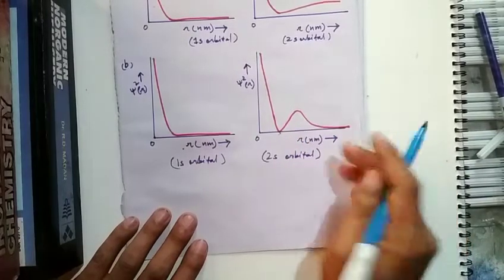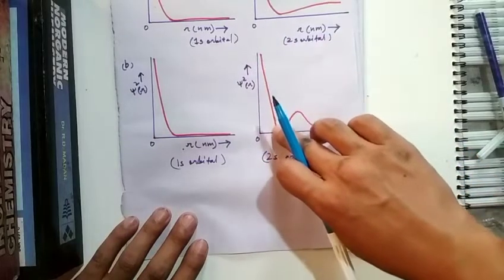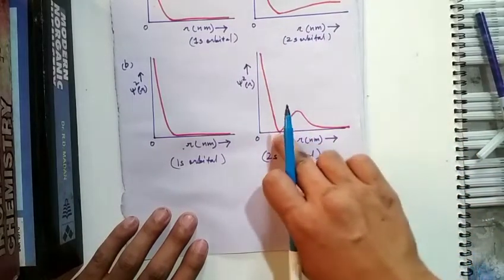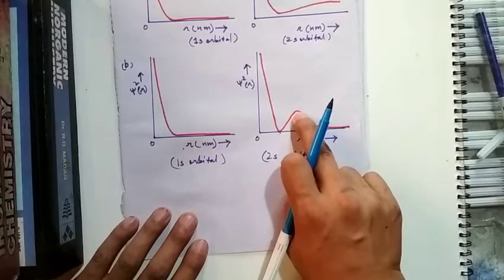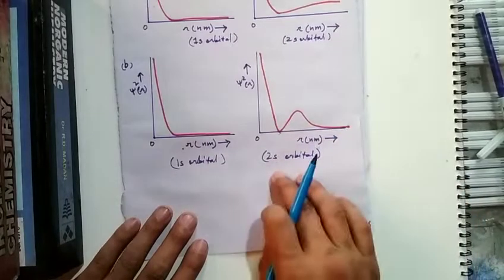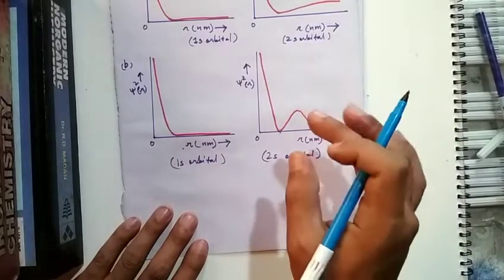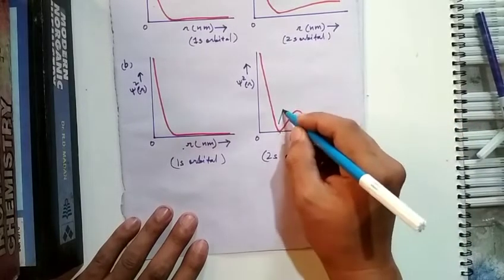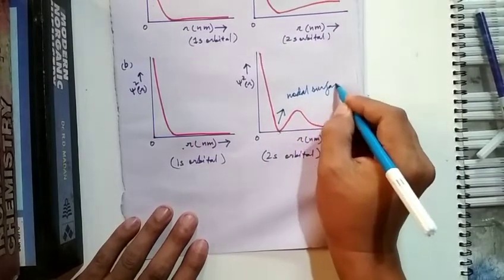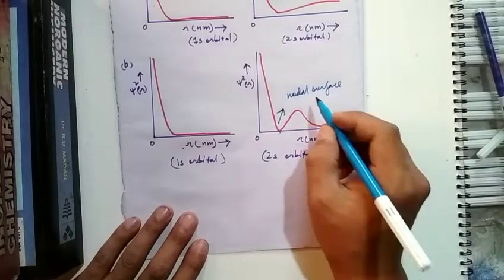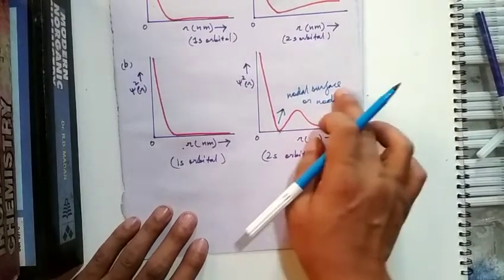The point where it reaches 0, that means the probability of finding the electron is 0, we call a node or nodal surface.